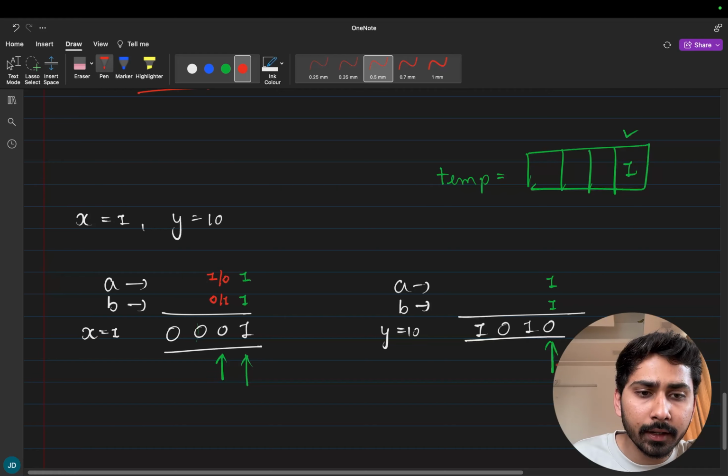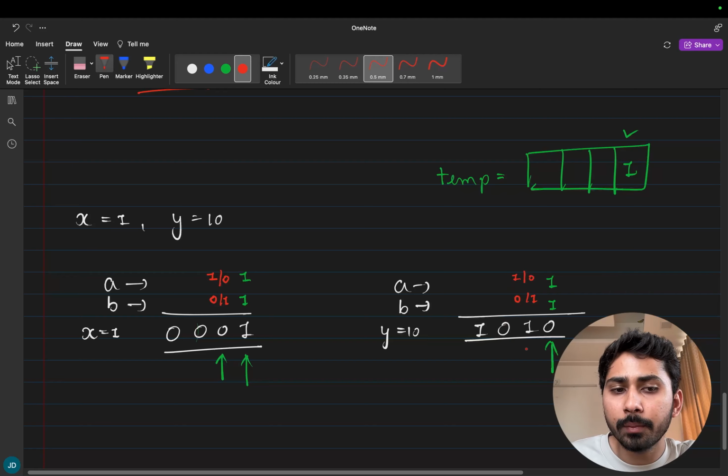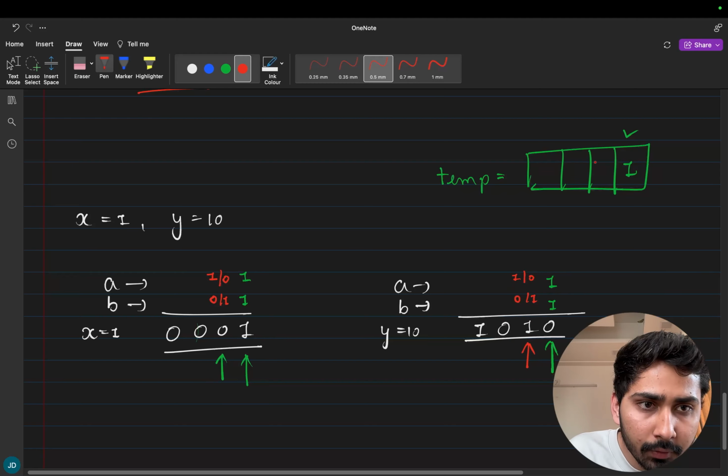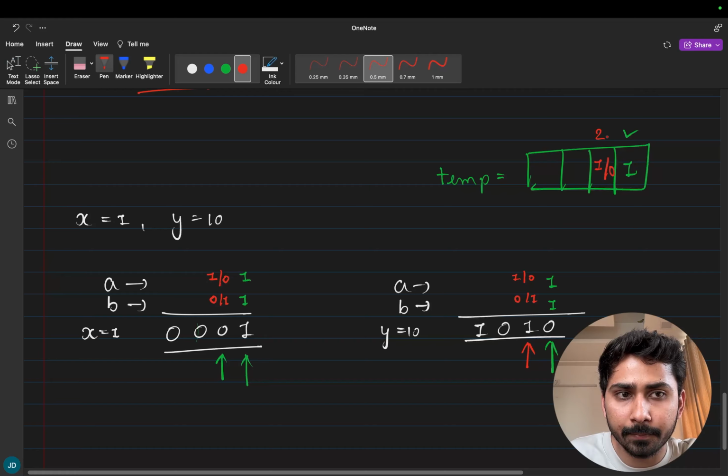But now let's validate whether it suffices over here as well. I'm saying that if it is 1, it needs to be a 0, and if it is a 0, it needs to be a 1. So yes, this will result in a set bit in this position as well. So now here I have two possibilities. I can keep a set bit or an unset bit for this position. So there are two possibilities for this position, and for the first position, this is fixed.